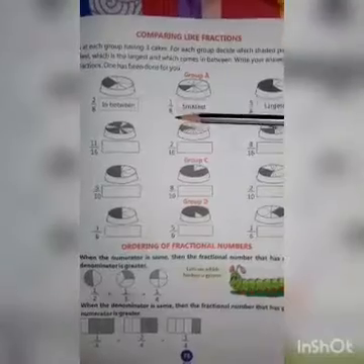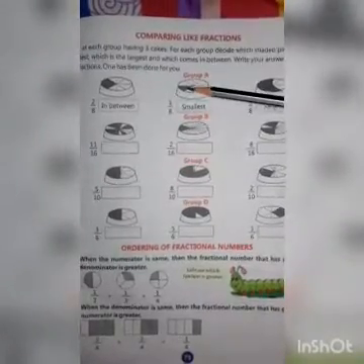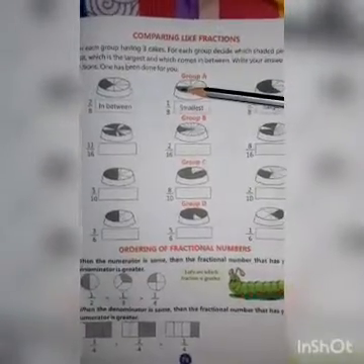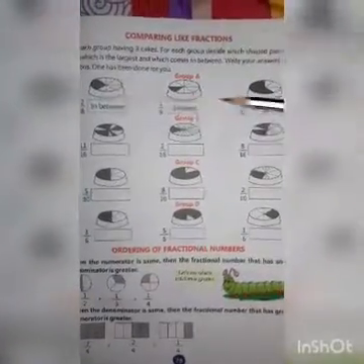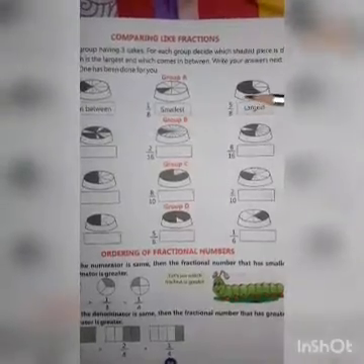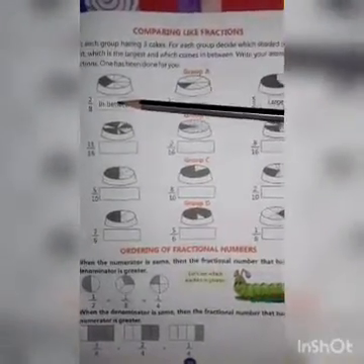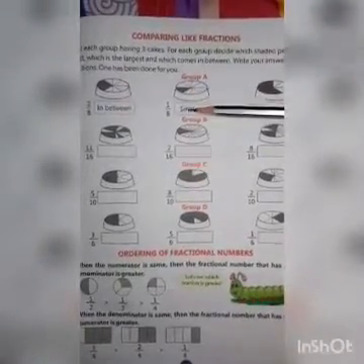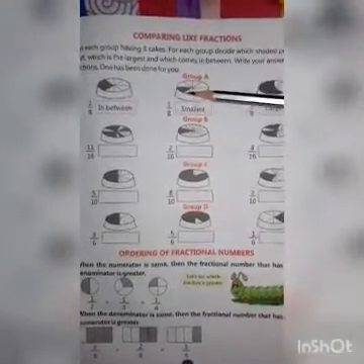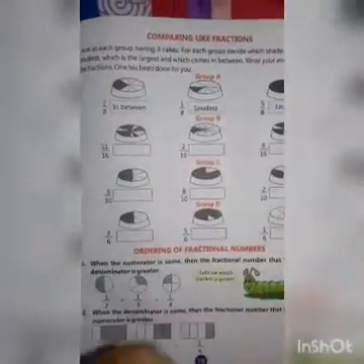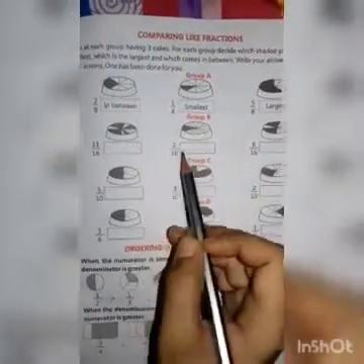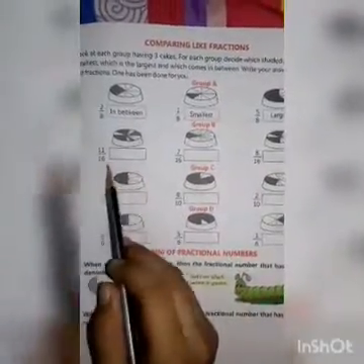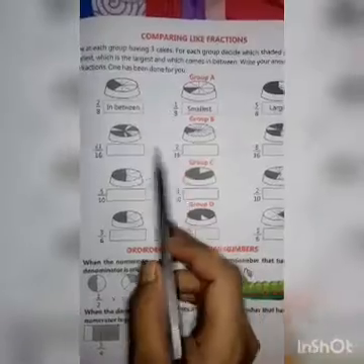Why is it in between? And 1 by 8 is smallest, because among them in 8 parts only one portion is shaded, and here 2 portions are shaded, and here more than 2 are shaded, so this is the largest. It's in between because 2 is greater than 1, so 1 is the smallest, that is 1 by 8. Here 11 by 16, here 2 by 16, here 8 by 16, all are like fractions, so just compare the numerators.